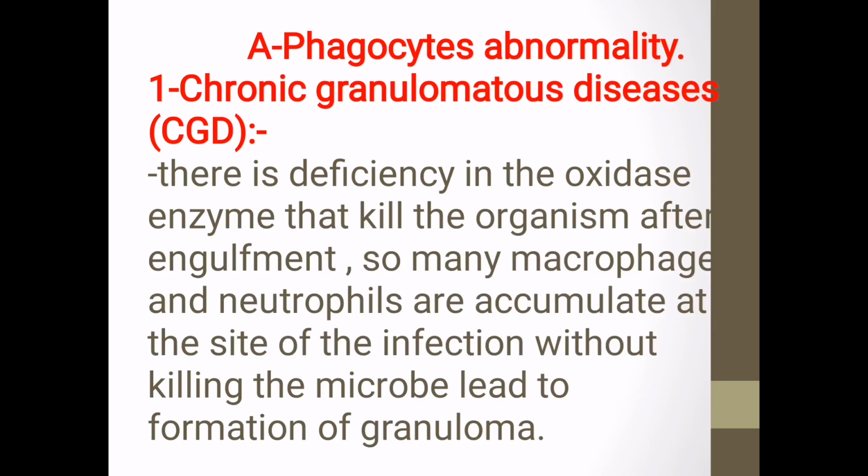This oxidase enzyme قلنا هي kills the microbe. There is deficiency in the oxidase enzyme, so the phagocytic cell will engulf or take the microbe, but it is not able to kill these microbes. So a lot of phagocytic cells accumulate and form the granuloma at the site of infection.